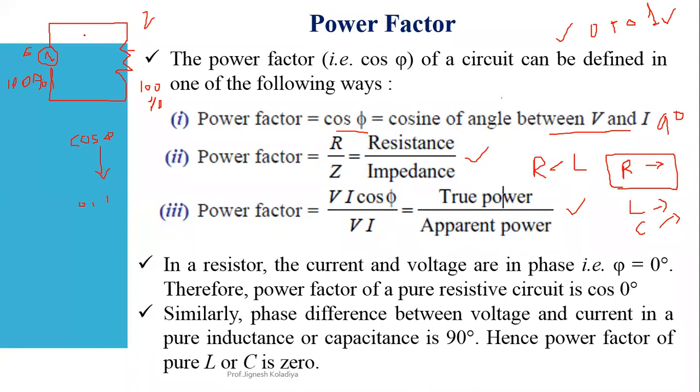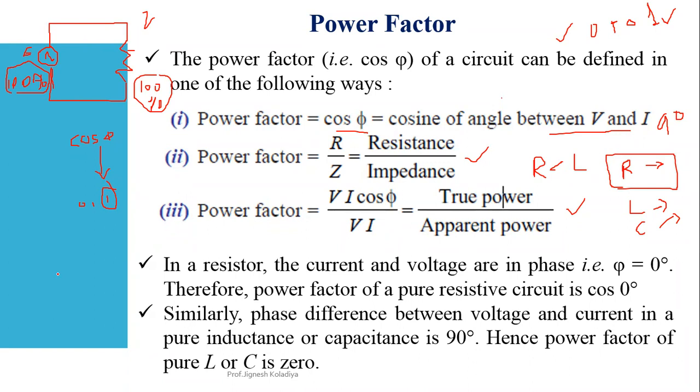That is what it means: whatever input you are giving, the same output you are getting at the output side. And if the condition is like that, I can say my power factor is 1.